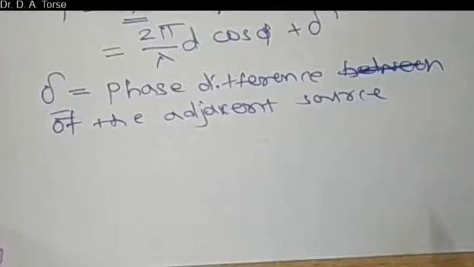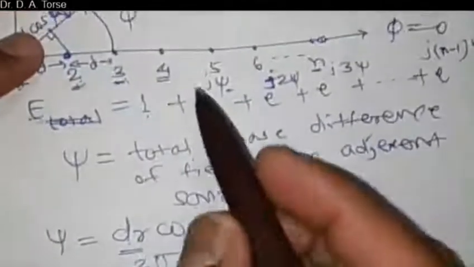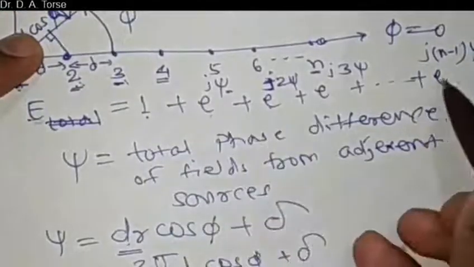Now, the amplitude E0 of fields from all these sources are equal, and it is assumed unity. You may be surprised to see there is no amplitude term in this equation. We have represented only phase value. Why?